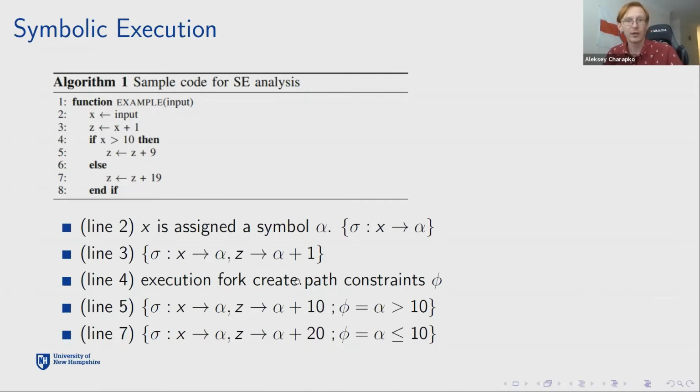So if we take the branch where X is greater than 10, where X has been assigned alpha, then we go into line 5 and we change Z. Z is going to be alpha plus 10, right? It was alpha plus 1, and then we added 9, another constant. So the final result of this branch is Z is alpha plus 10 with this path constraint. And similarly, we have this else statement, with a different path constraint.